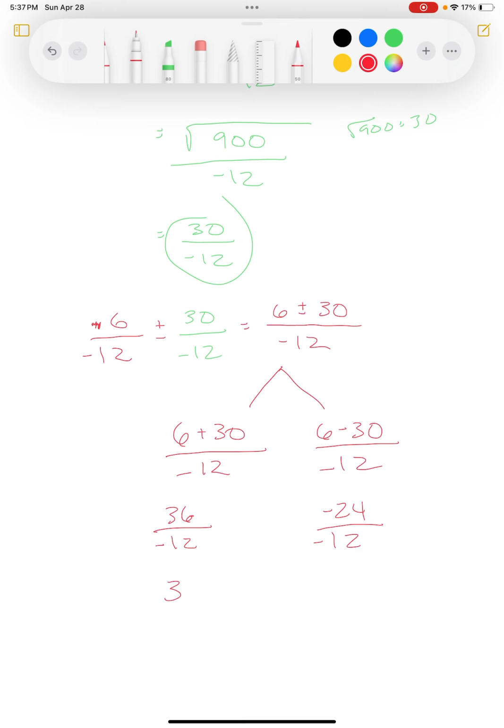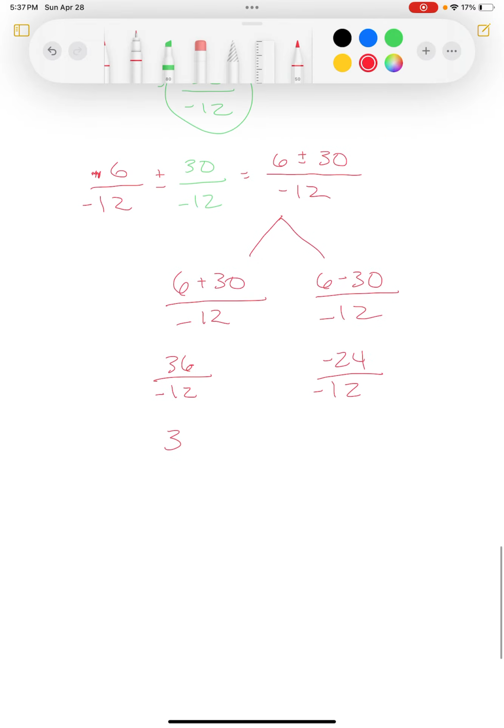So 36 over negative 12 is negative 3. Negative 24 over negative 12 would be positive 2. So we would have our two answers, negative 3 and positive 2.